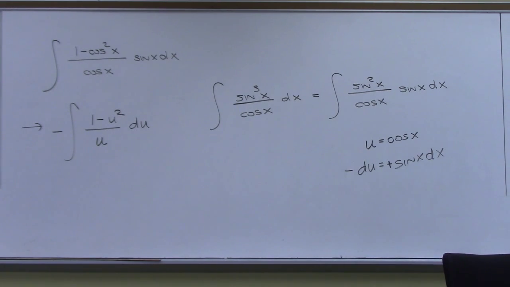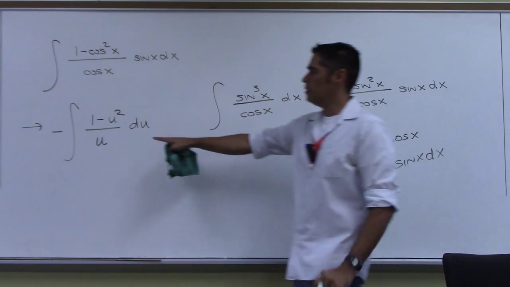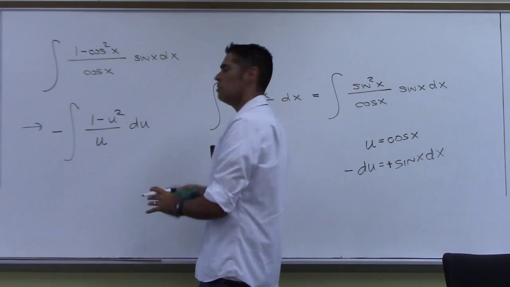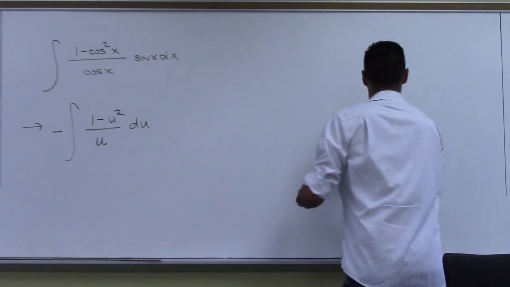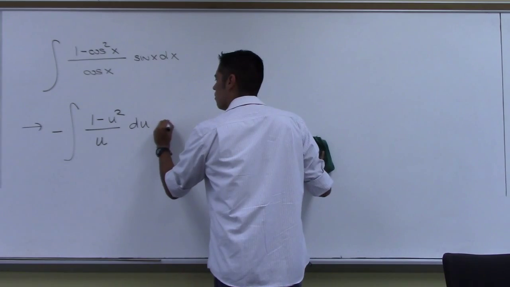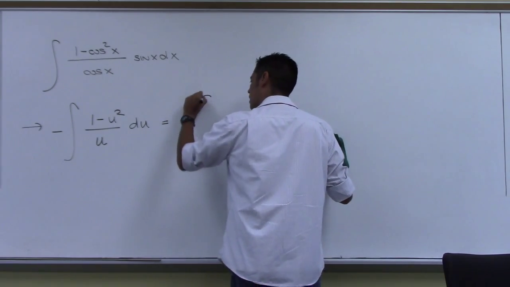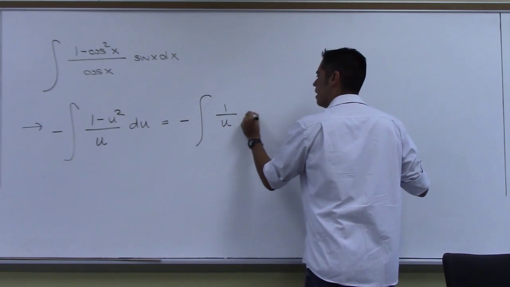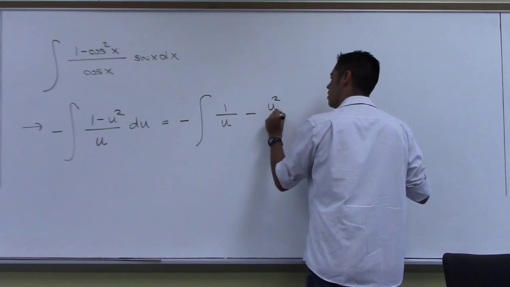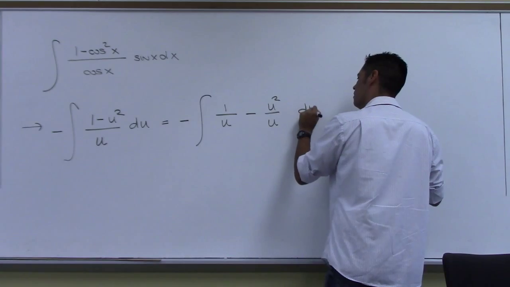And what can you do with that? You can just split it up, right? You have two terms on the top, one term on the bottom, so you can split that into two integrals. So we'll have negative integral of 1 over u minus u squared over u du, like that.